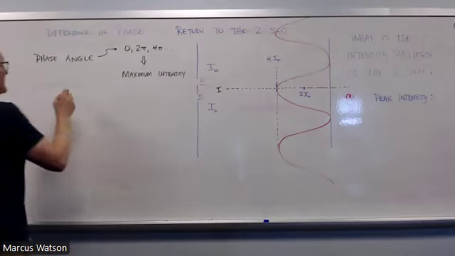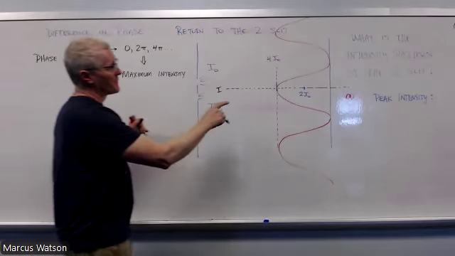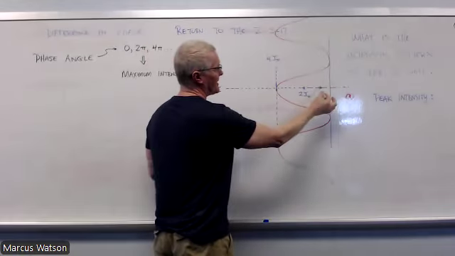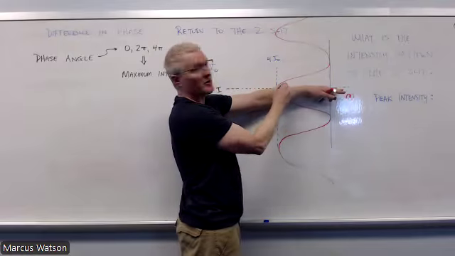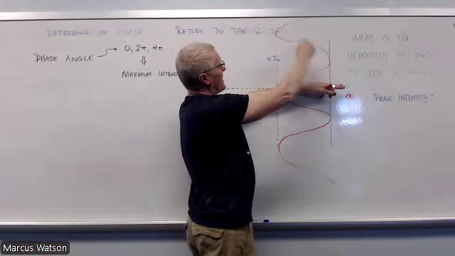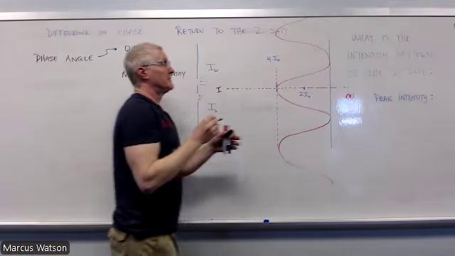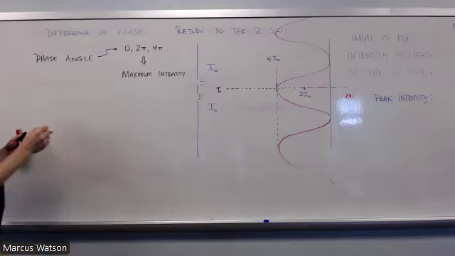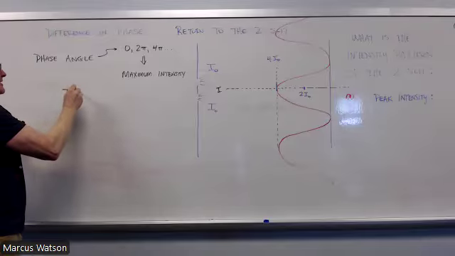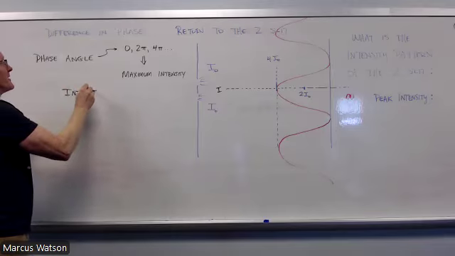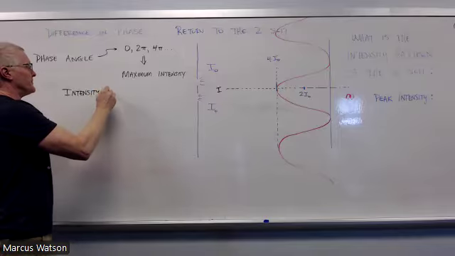If we're thinking about a cosine, isn't that kind of what this looks like? If I just chopped this half of it off and looked at this, it starts up high, dips down, goes up high again. Yeah, that looks like a cosine. So we're going to be interested in thinking of the intensity pattern as related to the cosine of the phase angle between the two waves.